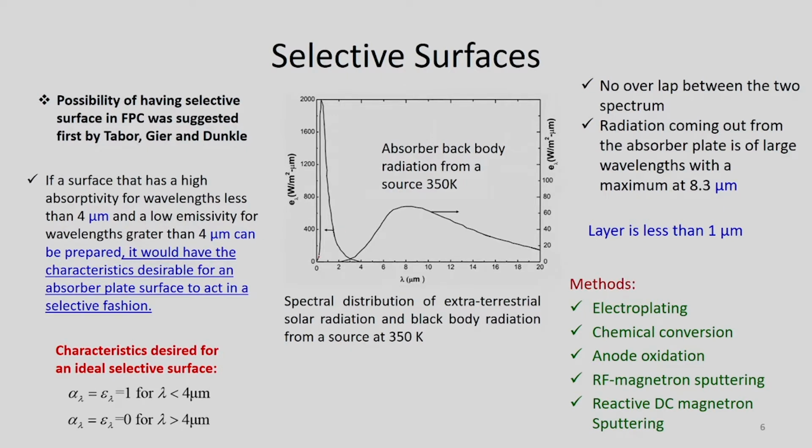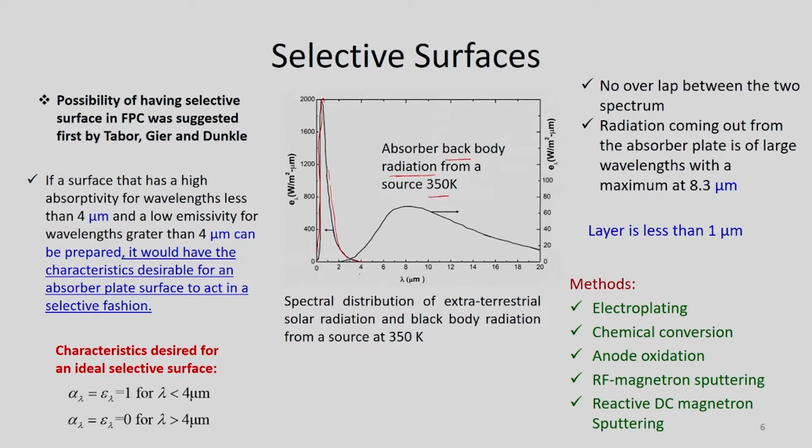If we plot it, this peak is for the spectral distribution of extraterrestrial solar radiation. The peak is normally achieved at around 3 micron, and it diminishes at 4 micron.